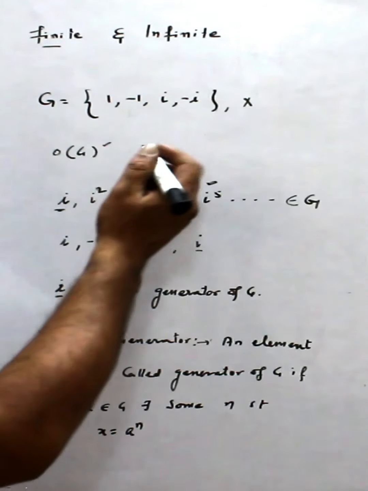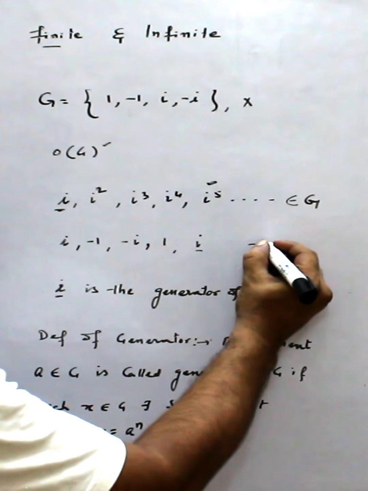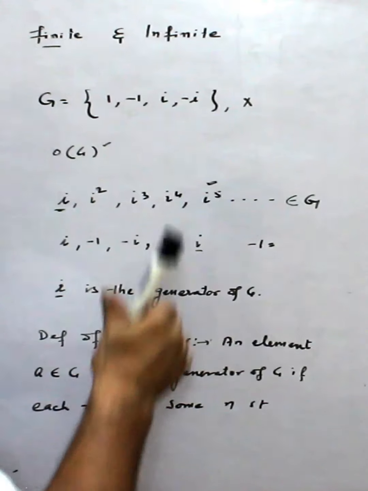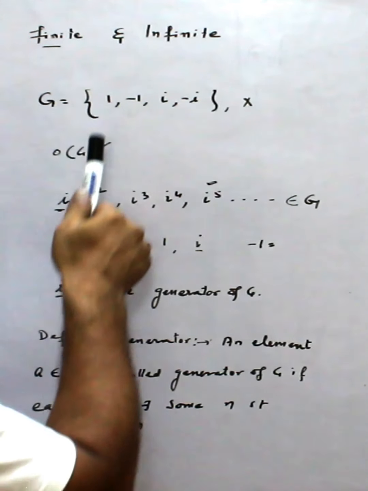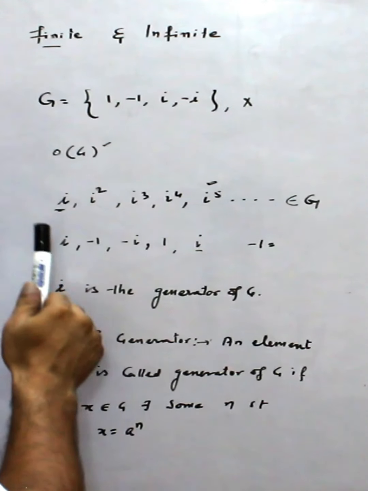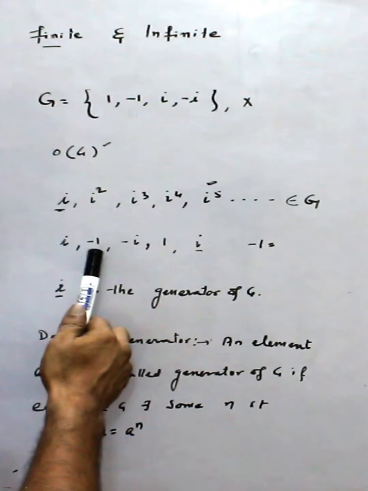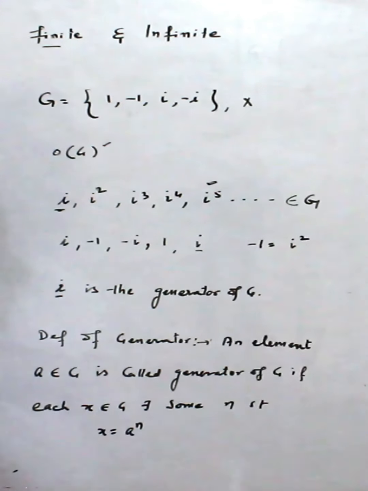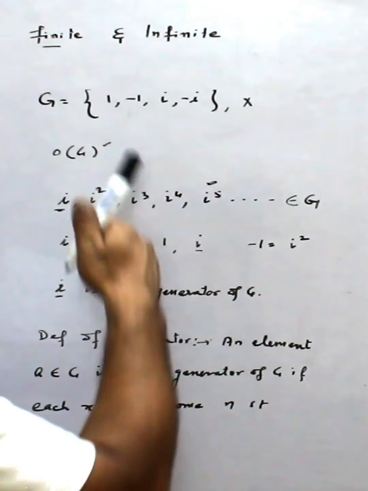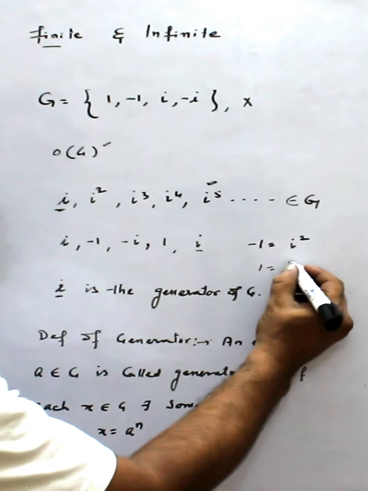Like here in this example, because I am taking I as the generator of this G, what is minus 1 in terms of I? We can say this is I square. Similarly, each element we can write, and 1 is I4.